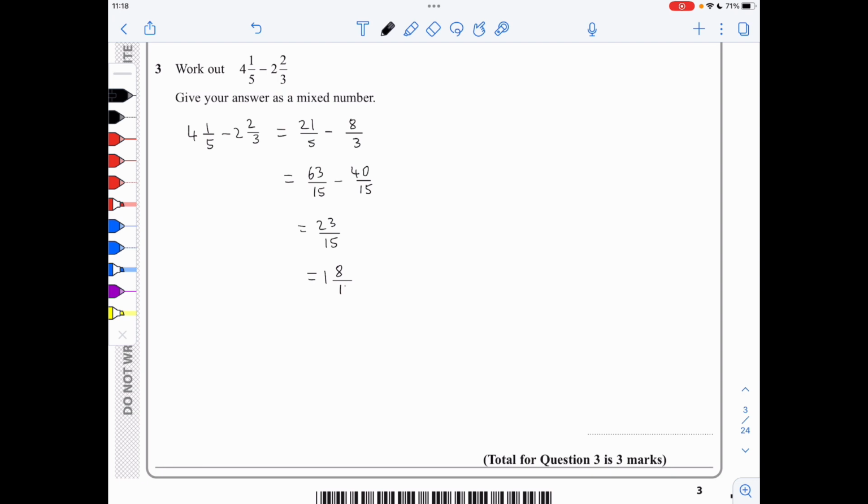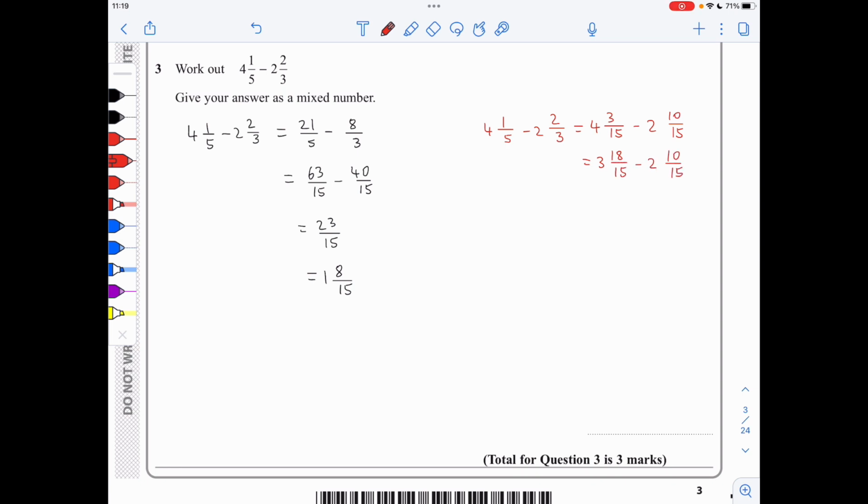The alternative approach will be to start by writing 4 and a fifth minus 2 and 2/3 as 4 and 3 over 15 minus 2 and 10 over 15. Now we can write 4 and 3 over 15 as 3 and 18 over 15 minus 2, 10 over 15.